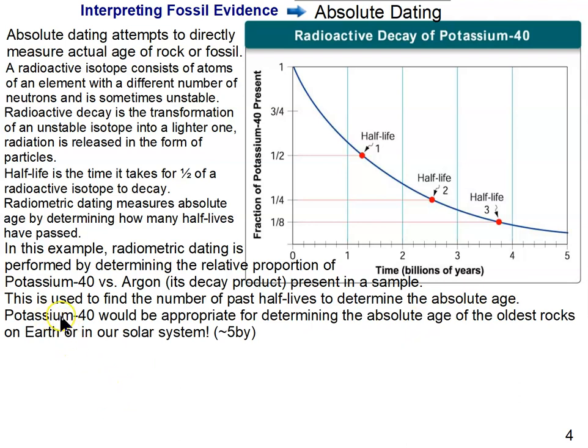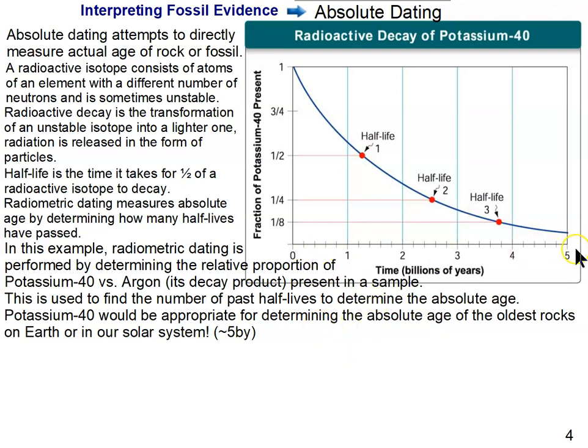So there are different radioactive isotopes that can be used to do this, and potassium-40 is a good one if you know that the rock or the fossil is really, really old, because its half-life is on the scale of billions of years. There are other radioactive isotopes that have shorter half-lives.